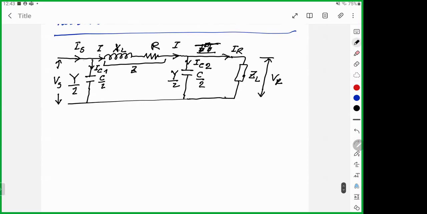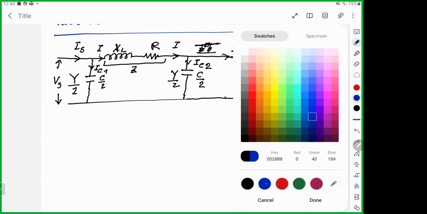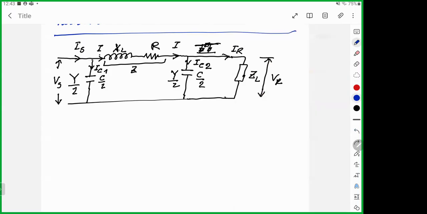So we have two nodes now, so we can use different colors. We can write this node as N1 and this node as N2.